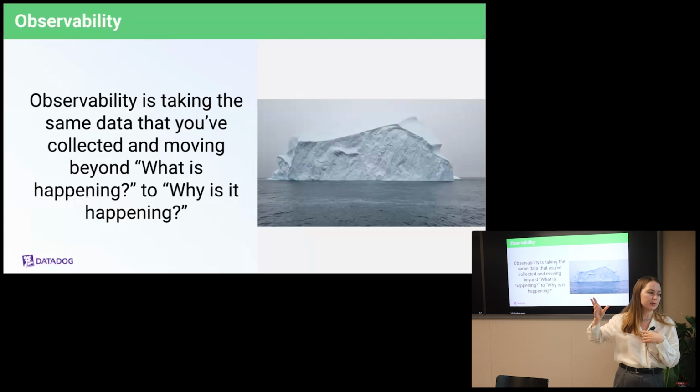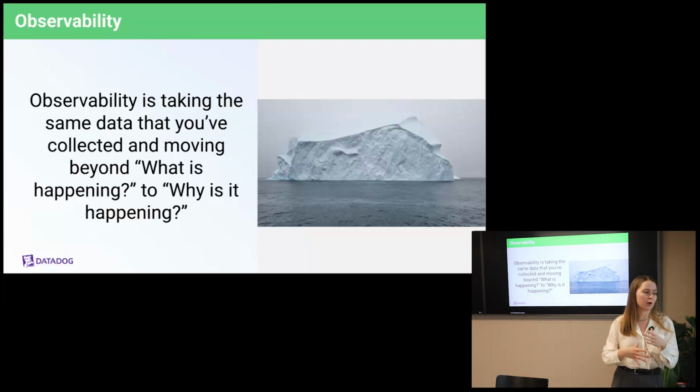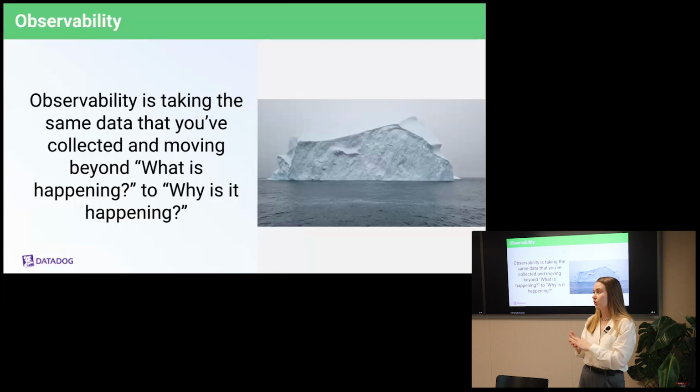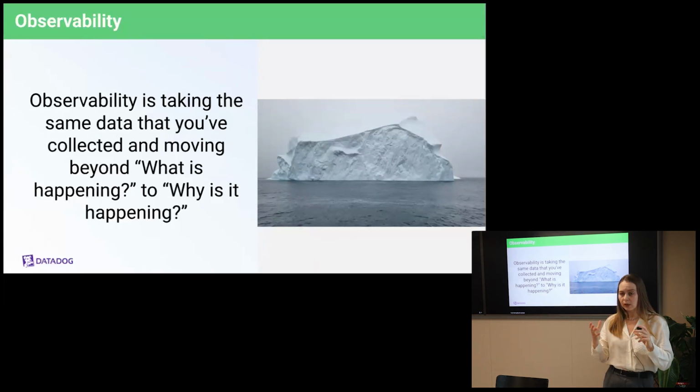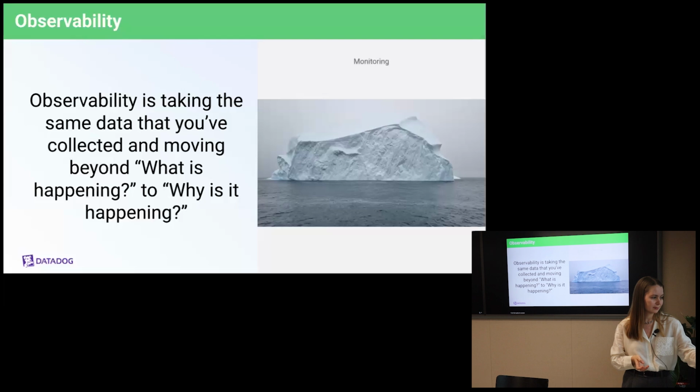Here we can see CPU usage, different errors. And under the water, this is observability. This is where we get the context, the cause, and the relationships across the services. And it is really valuable to have observability if you have distributed and complex systems.